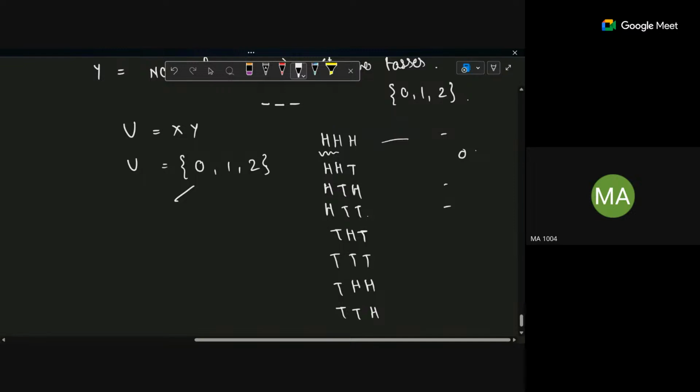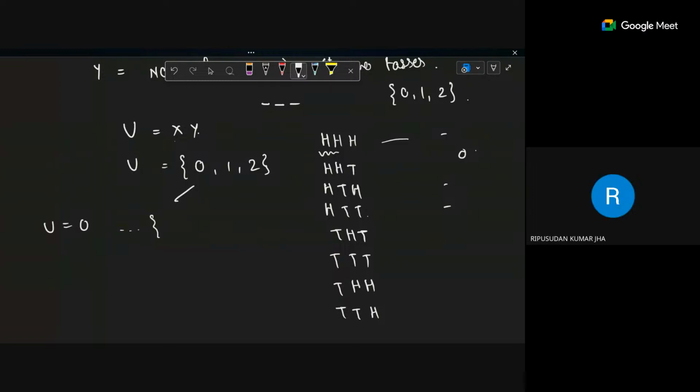U is 0 when X is 0 or Y is 0, right? What are the outcomes when U takes 0? TTT, where X is 0 and Y is 2.